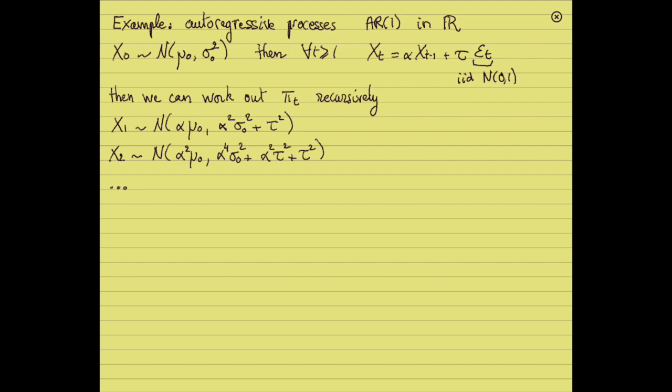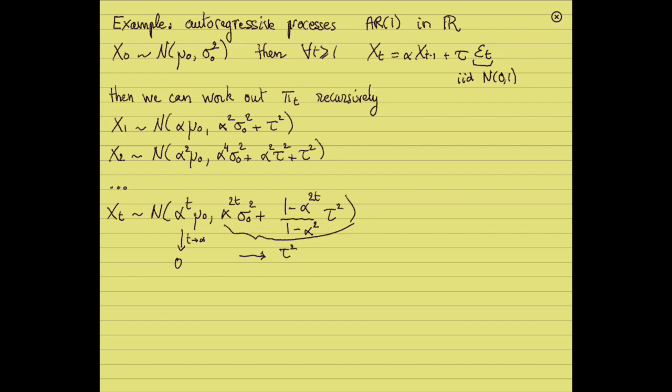And we can recursively obtain the mean and the variance of pi t. And this is alpha to the t mu 0 for the mean, and alpha 2t sigma 0 square plus the ratio 1 minus alpha to the 2t over 1 minus alpha square times tau square.